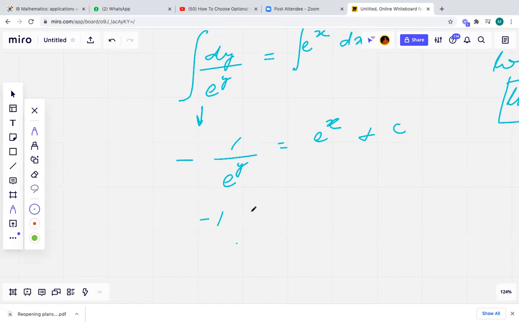Minus one equal to, if I take logs on both sides, what is ln one?